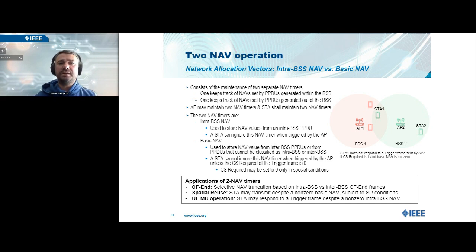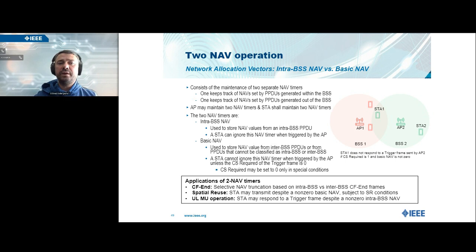The intra-BSS NAV stores values generated by duration fields in PPDUs within the BSS. The basic NAV is the legacy network allocation vector, and it stores values from inter-BSS PPDUs or from PPDUs that you cannot classify as either of them.